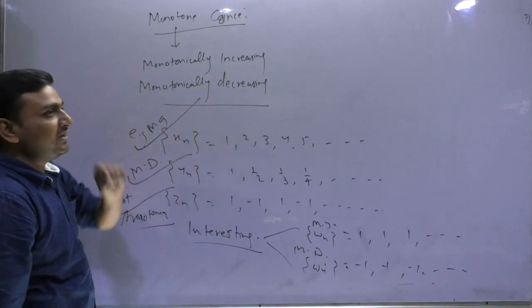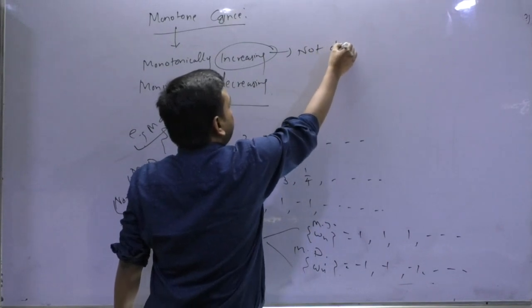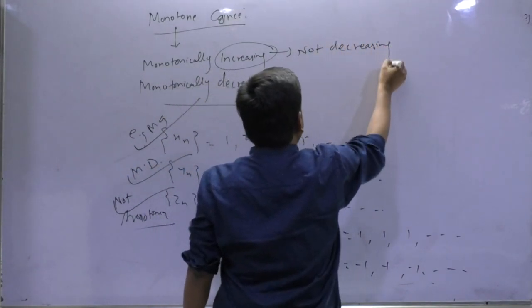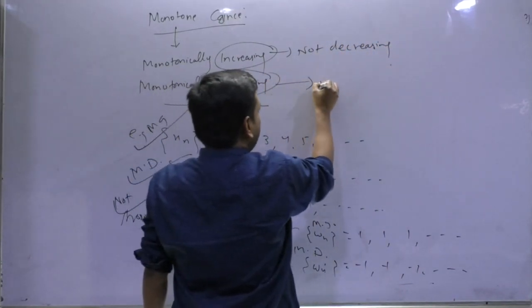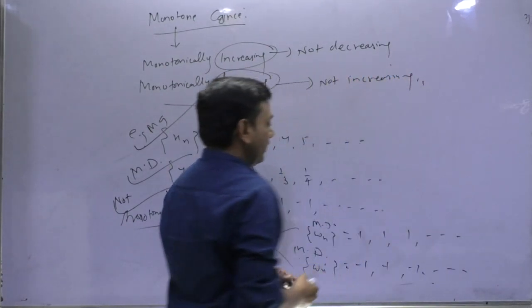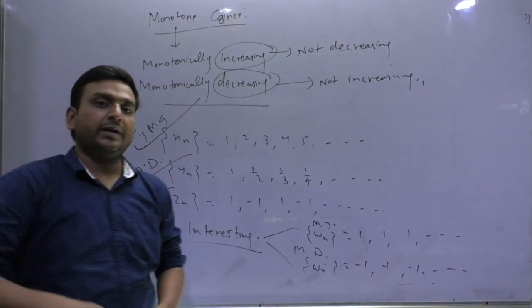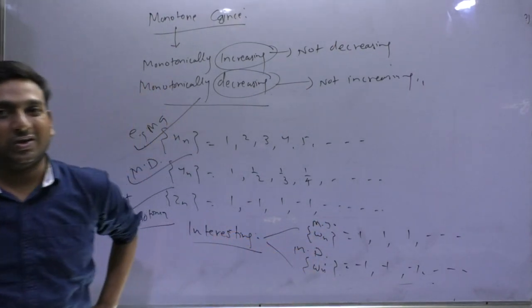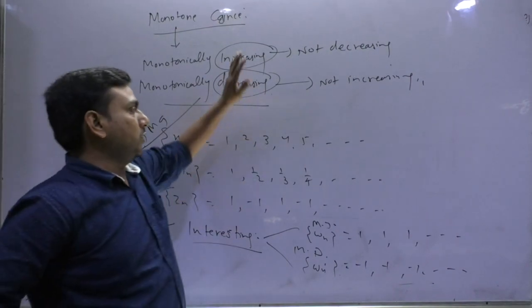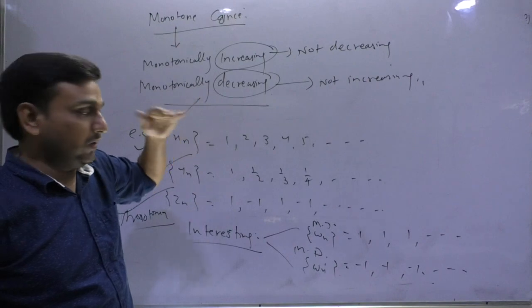Monotonically increasing means not decreasing. This is another term for use. Decreasing means not increasing. So if terms are constant, it still comes under the category of monotonicity, and you call it monotonically increasing or decreasing. Getting my point or not?